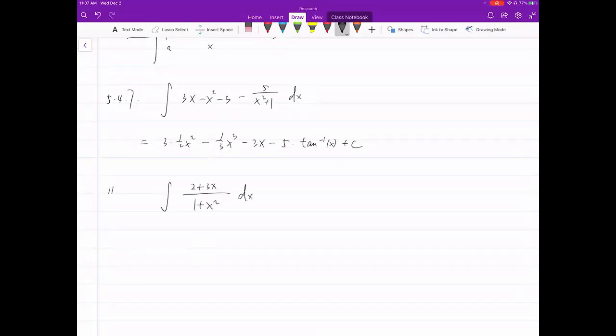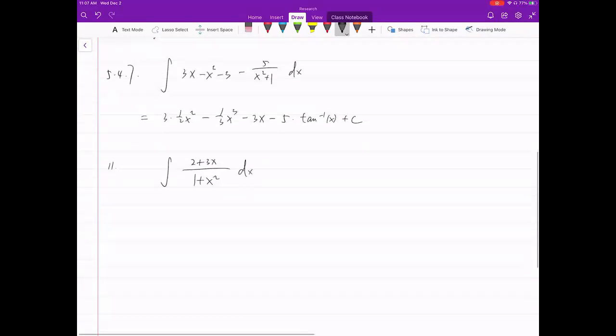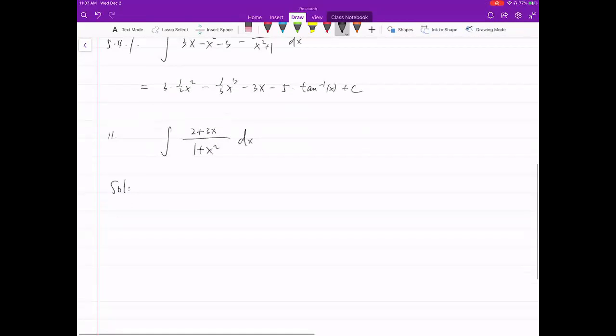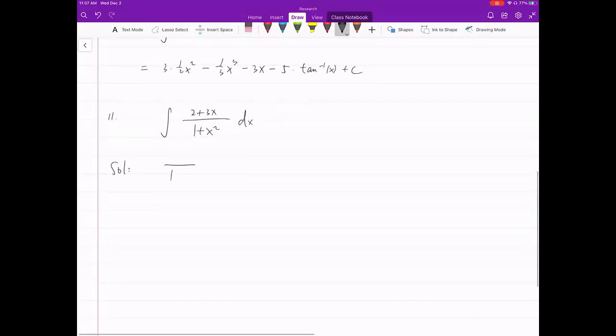All right. So for things like this, if I were you, I would try several things, right? What kind of thing can produce this 1 plus x squared? I know, of course, this one can do that. Okay, that's good. That will handle the 2. The problem is, what about some x?